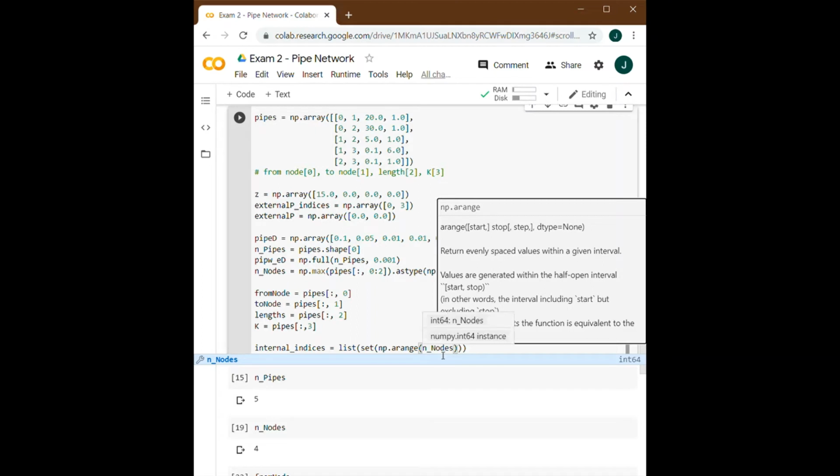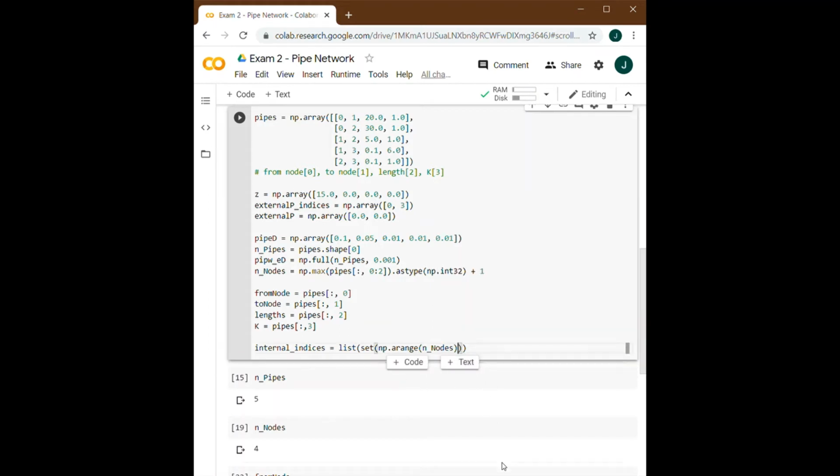So this is going to give us a set of 0, 1, 2, and 3. Sorry about that. So the first thing we're going to do is we're going to then subtract this.